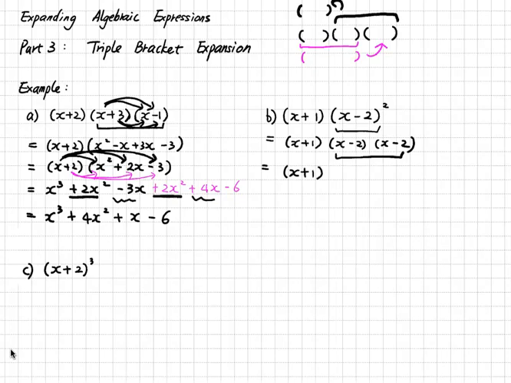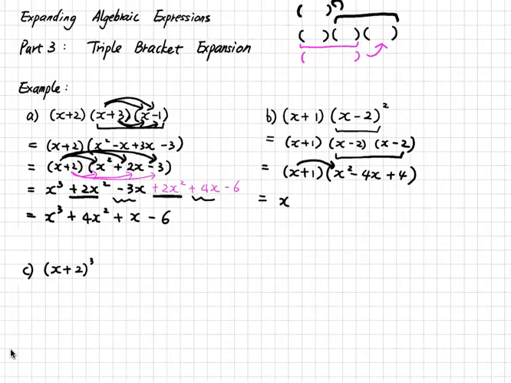So you have x plus 1 times by, when you expand this, x squared minus 2x, so it will be minus 4x, minus 2 times by minus 2, which is positive 4. By now, if you have practiced enough, you can get the answer quicker. Now we have x plus 1 times by the second bracket, so we're going to use the same method.